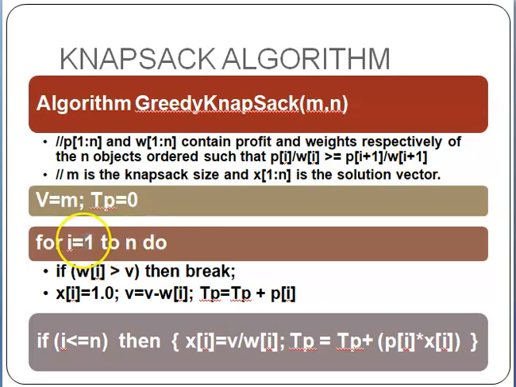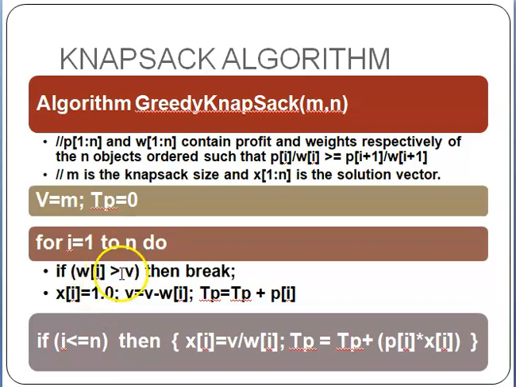So we'll consider the items in the order of 1 to n. A for loop is there so that we make a selection at every step. Now first we will compare the weight of the ith item with our remaining capacity, that is V. If the weight of the item is more than the remaining capacity, we will break out of this loop and come to this particular section. Otherwise, we will select the whole item.